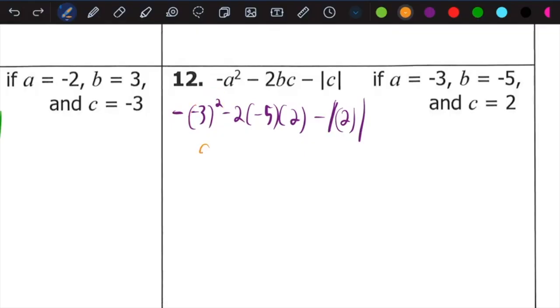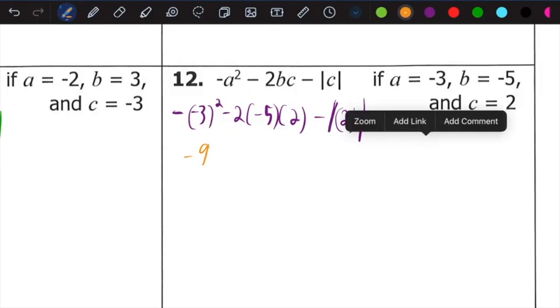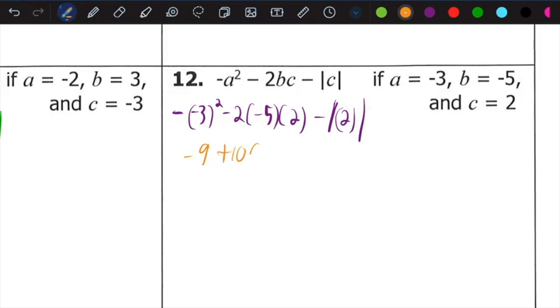So we have negative 3 being squared is positive 9, but we still have this negative, so it's negative 9. Negative 2 times negative 5 is positive 10 times 2 still, minus the absolute value of 2 is positive 2, so just negative 2. Multiplying 10 times 2, so we have negative 9 plus 20 minus 2. Negative 9 plus 20 is 11 minus 2, which gives us 9.